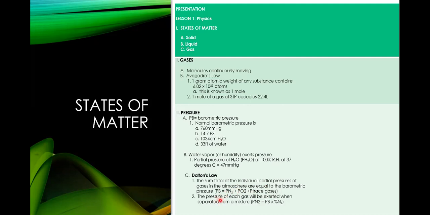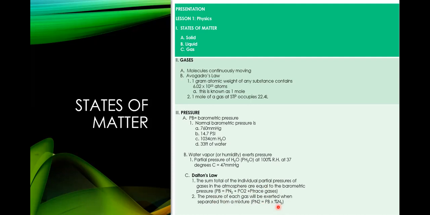But in order to find out what the pressure is of a certain gas, remember we just multiplied by barometric pressure, right? So for instance, to find the pressure of nitrogen in the air, you simply do barometric pressure times the percent of nitrogen. And percent of nitrogen was 78%, and we have to do 0.78, right? Turn it into a decimal.